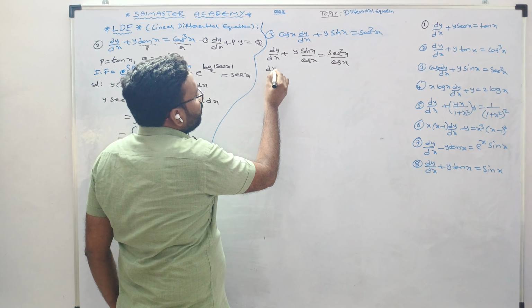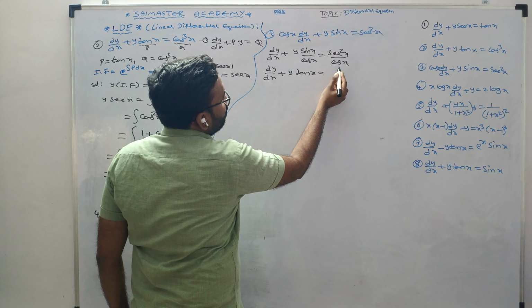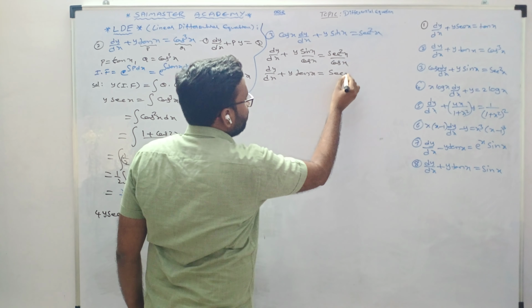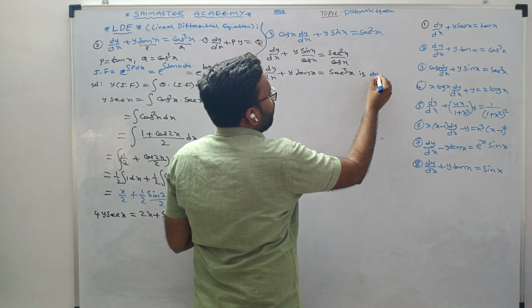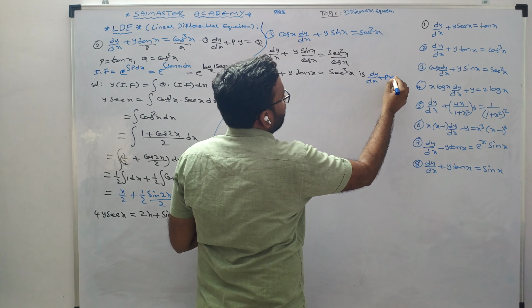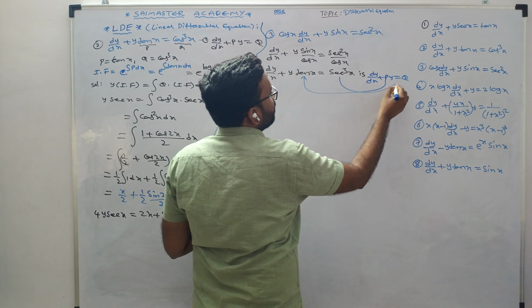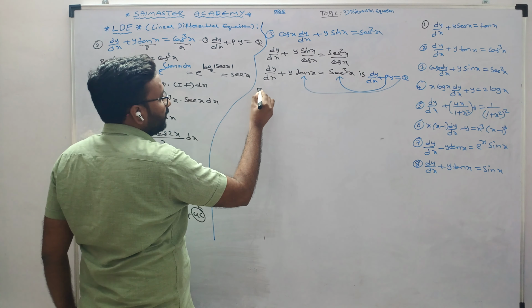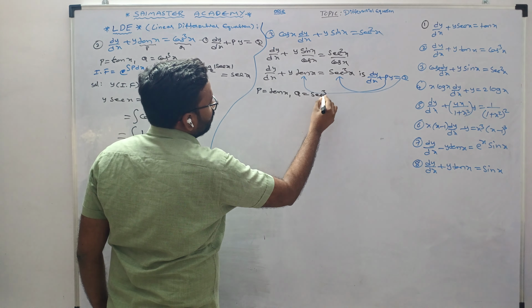Now dy by dx plus y into tan x is equal to secant square x by cos x, which is secant cube x. This is in the form dy by dx plus P y equals Q, where P is tan x and Q is secant cube x.